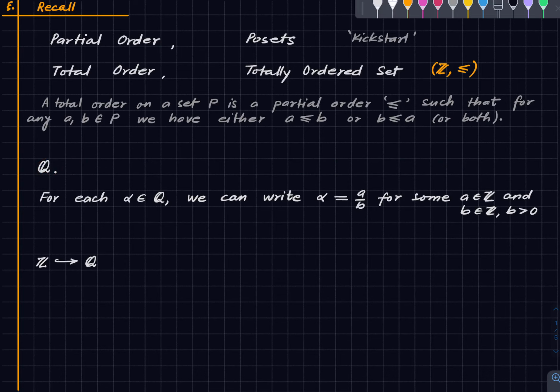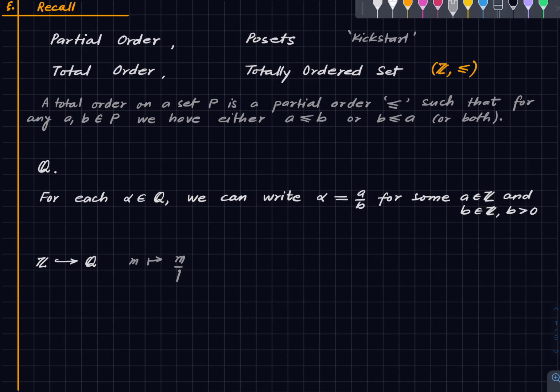We saw that each rational number can be written in the form A by B, where A is an integer and B is a positive integer. Very simple fact. And lastly, we looked at how to identify integers inside the rationals. The identification was very simple: you just think of an integer as this particular rational number.